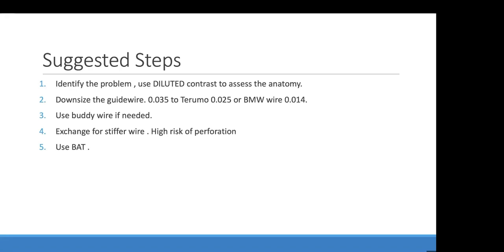What I usually do, which is safe, is use a BMW wire to come across whatever difficulty, either a spasm, a loop, or whatever, and then put it as distal as possible in the aorta, and then you can pass the guiding catheter or the diagnostic catheter through it with ease, and then you're going to change with an exchange length wire.